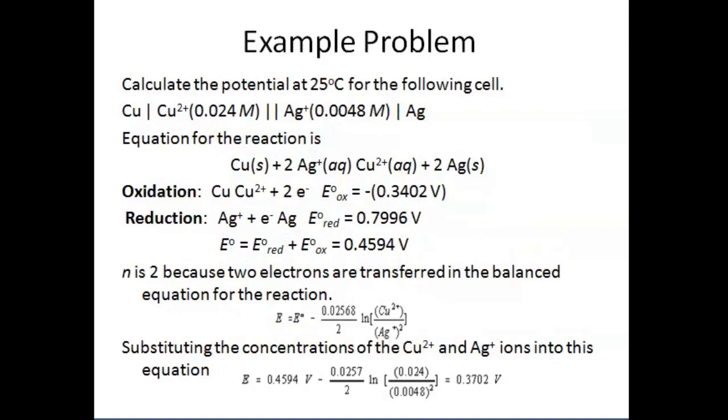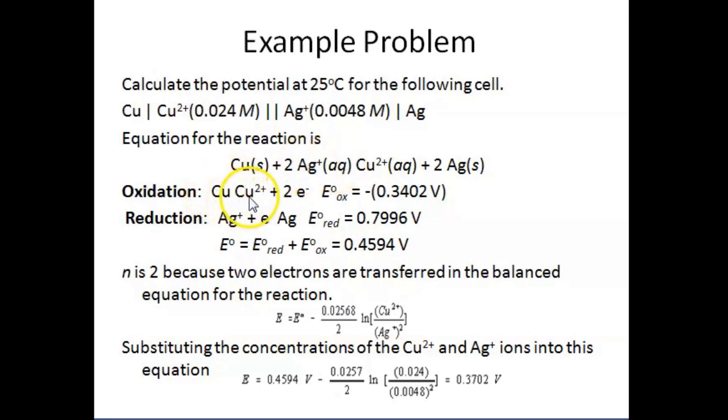Let us see an example of how we calculate using the Nernst equation. We have a problem: calculate the potential at 25 degrees Celsius for the following cell. If we write the equation, we get Cu plus Ag plus gives Cu2 plus and 2Ag.